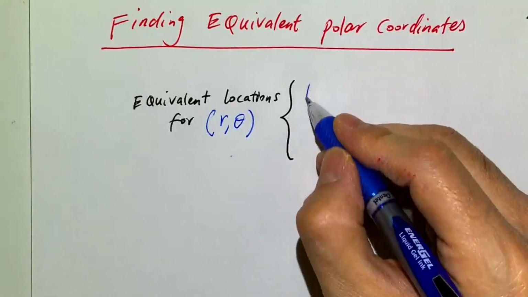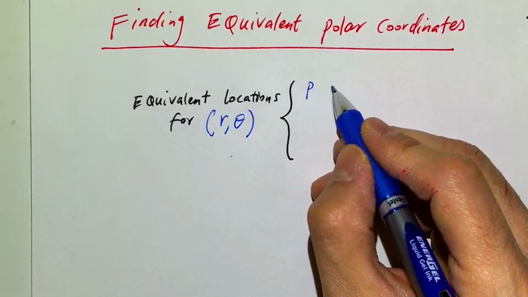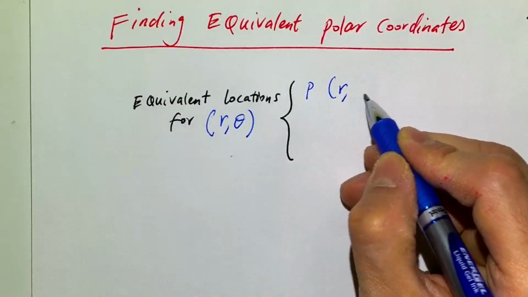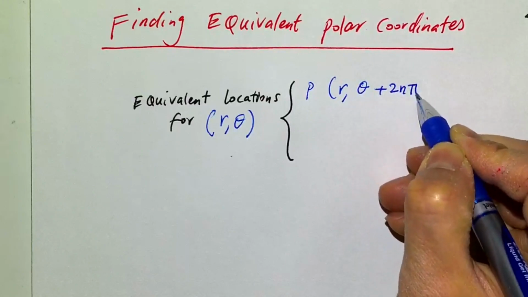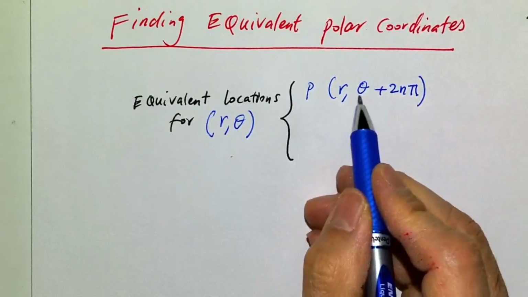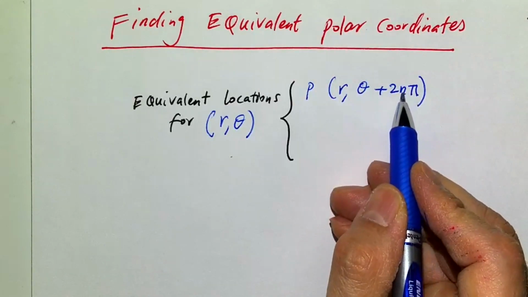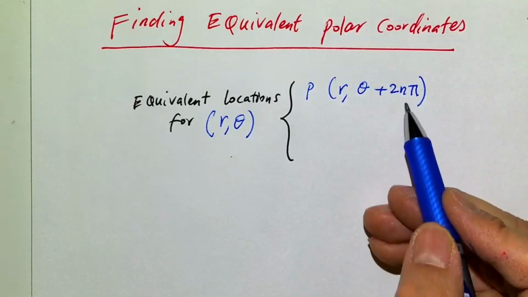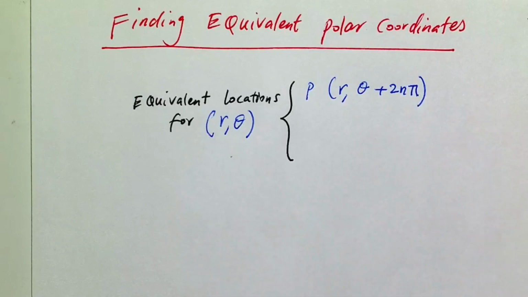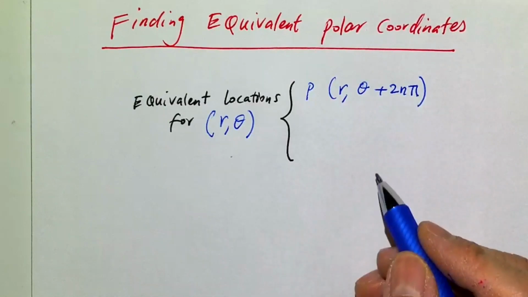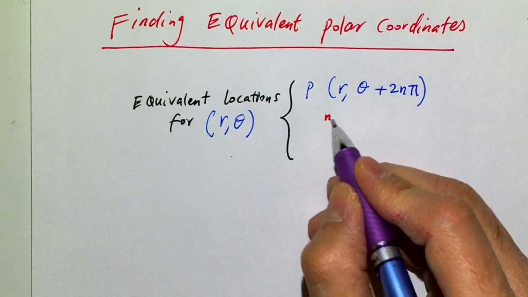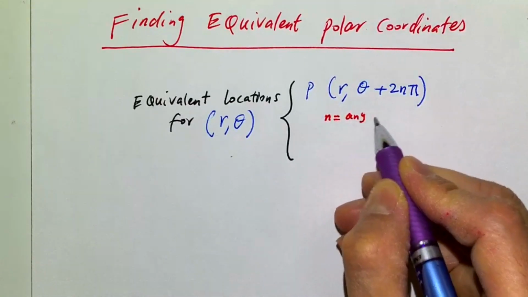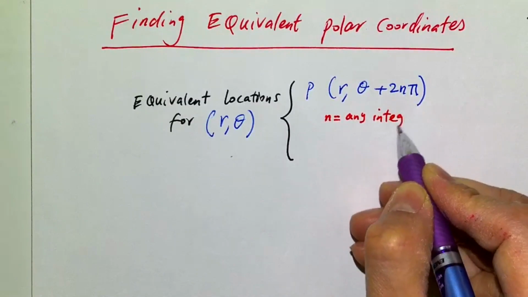We have P as (r, θ + 2nπ), where n being 0, 1, 2, or any integer basically. Let me write that down here: n is any integer.